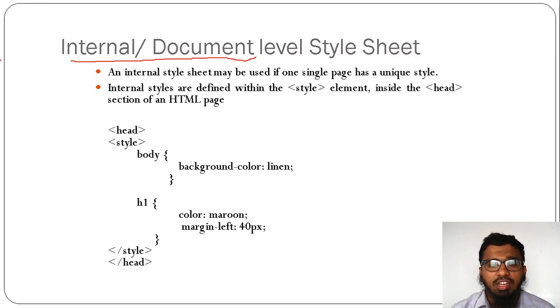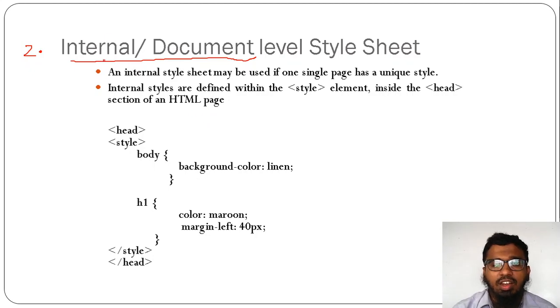Okay, next one is internal or document level style sheet. This is the second one. An internal style sheet may be used if only a single page has a unique style. Means if you want to give a single web page a unique style, you can apply this. Internal styles are defined within the style element inside the head section of an HTML page. This is very important.